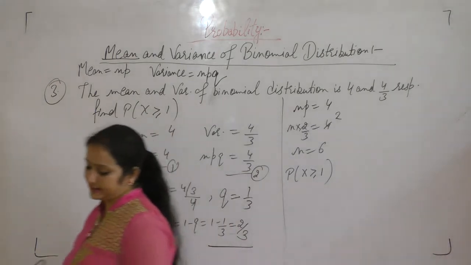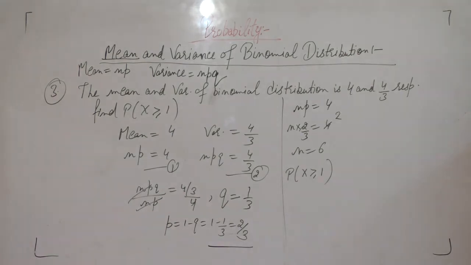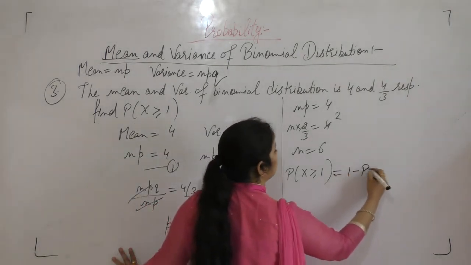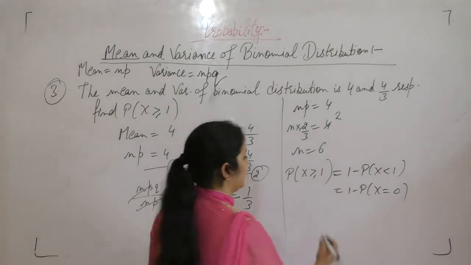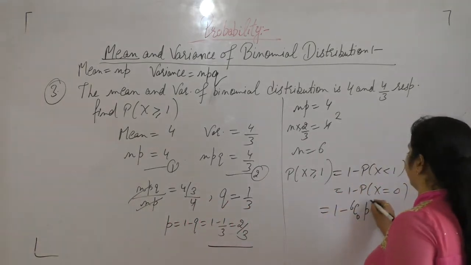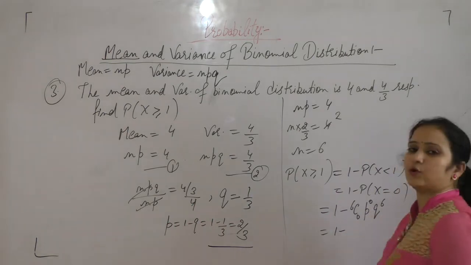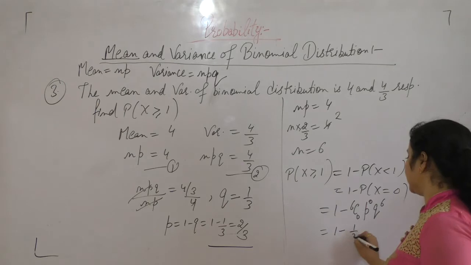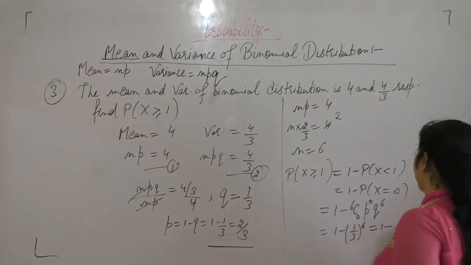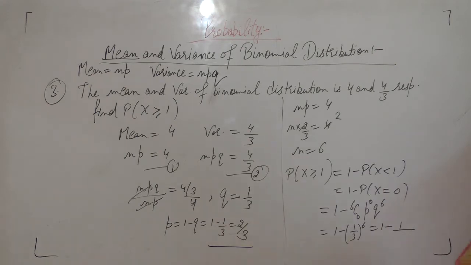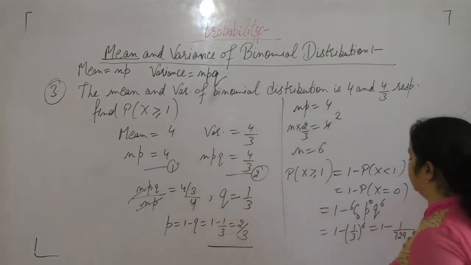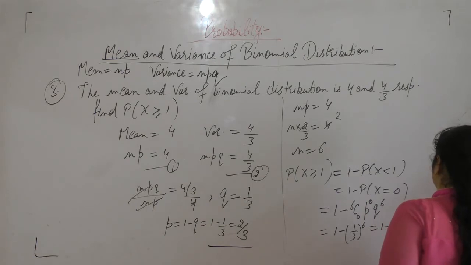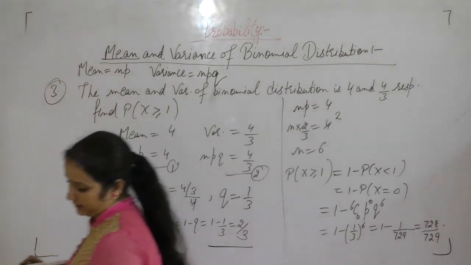We can write it as 1 minus probability x less than 1, that is 1 minus probability x equals 0. n is 6, so 6C0 p^0 q^6. 6C0 has value 1, q is 1/3, so 1/3 power 6. So 1 minus 1 upon 729, so 728 upon 729.